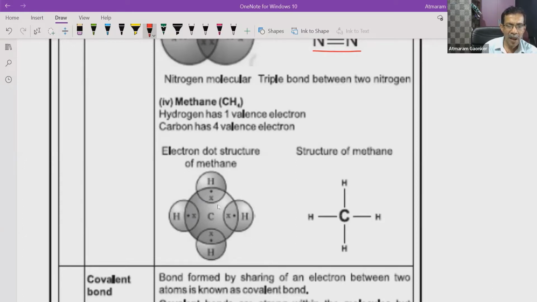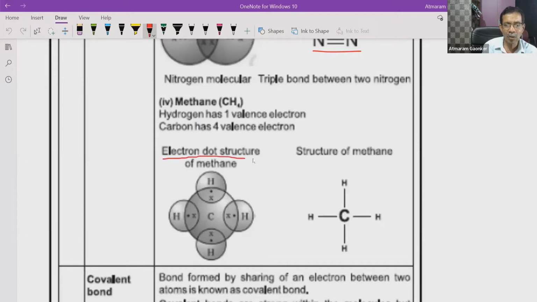X stands for an electron from the carbon. And there are 4 hydrogens, each of which shares 1 electron. So this hydrogen shares 1 electron, which is shown as a dot, this one, and this one. And this structure is called the electron dot structure.